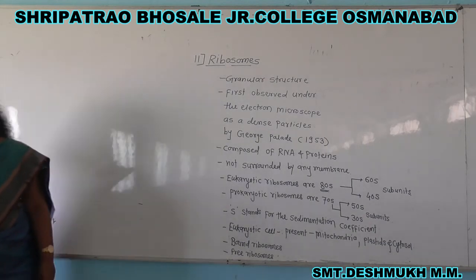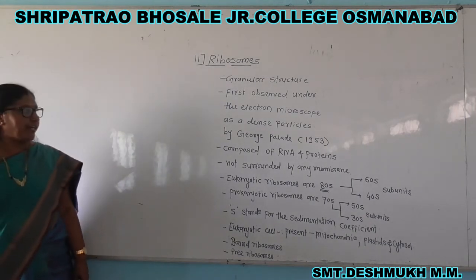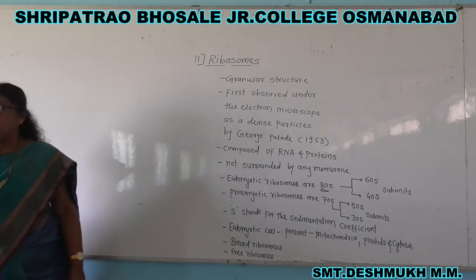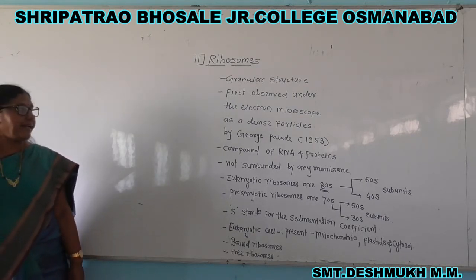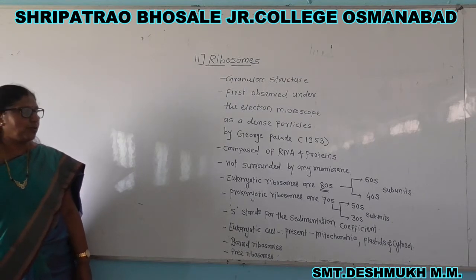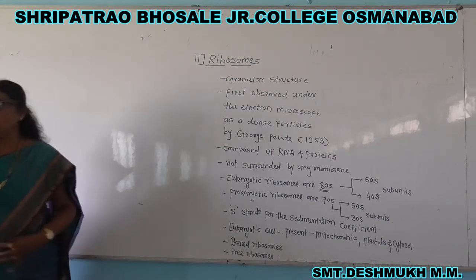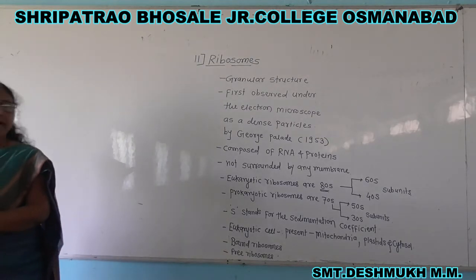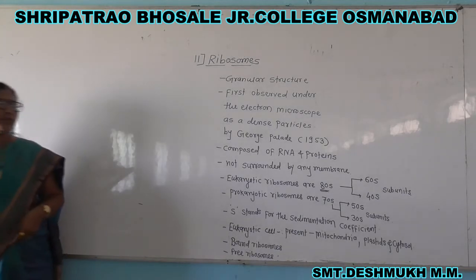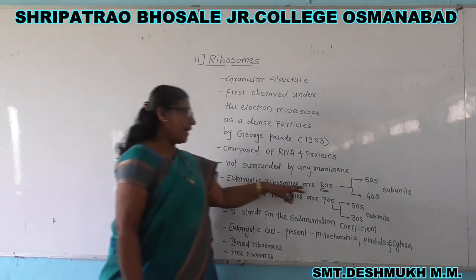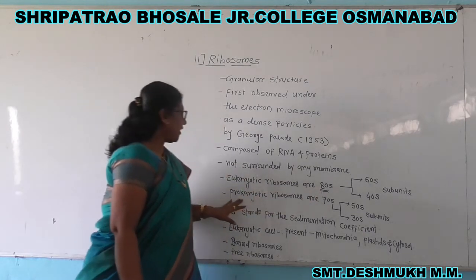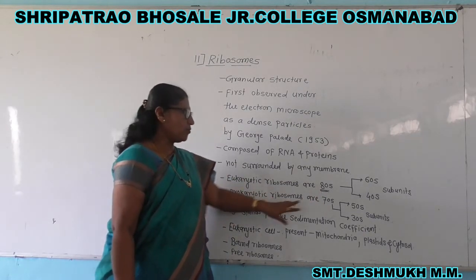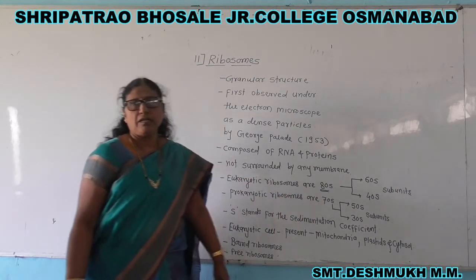In eukaryotic cells, ribosomes are 80S type, while in prokaryotic cells, ribosomes are 70S type.